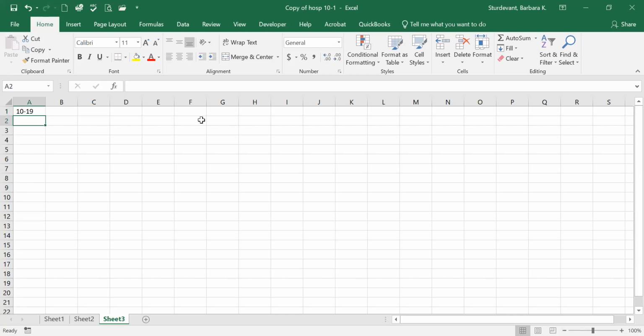Okay, so there's no set way to set these up. I probably don't do them the same way every time, but I'm going to put my budget first, and then my actual. So we're dealing with revenues this time.